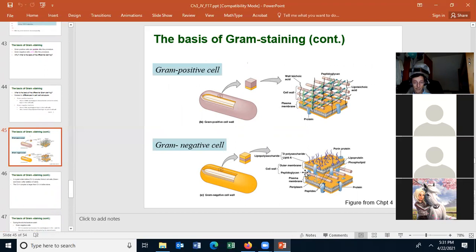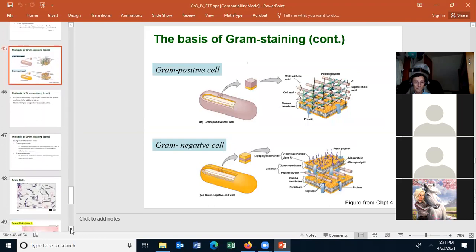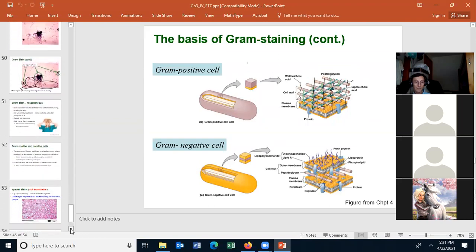Penicillin G is not effective on gram-negative cells because this outer membrane prevents the penicillin G from getting into the cells and then doing harm to the cells. Any question about that?